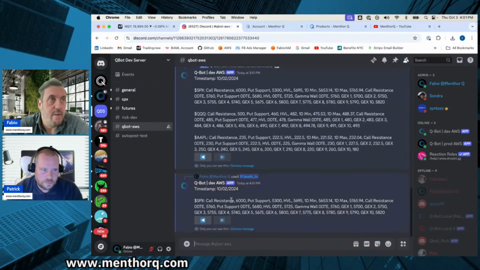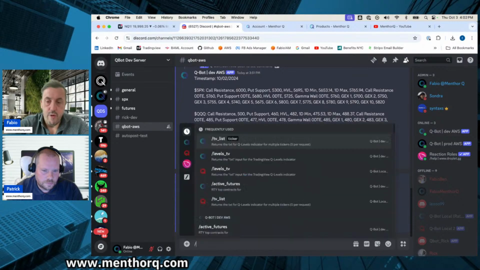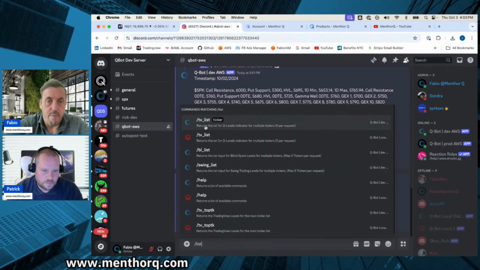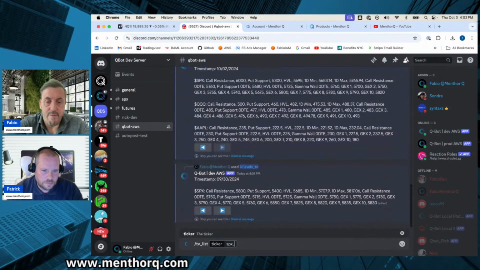But from the bot, what you can see here, now you can actually go back in time. We also added the timestamp here for our users to understand which level, what's the date of the levels. And then you'll also be able to do it on any of the different commands that we have. So SPX.